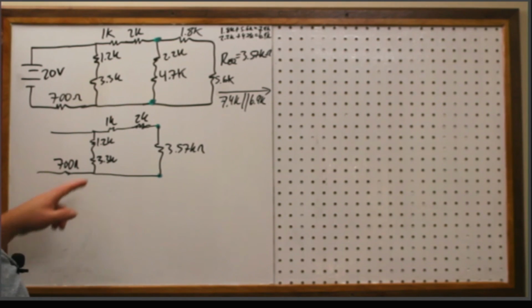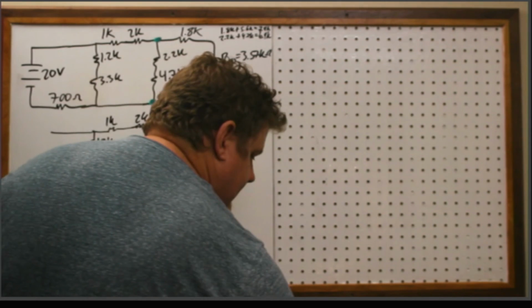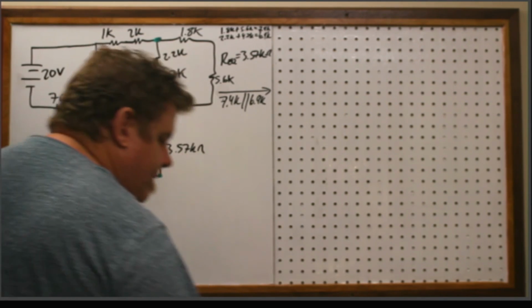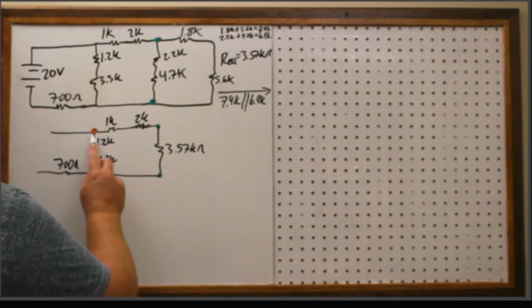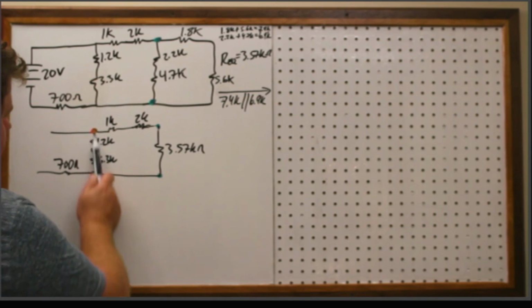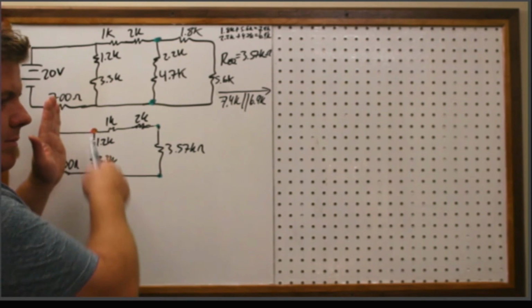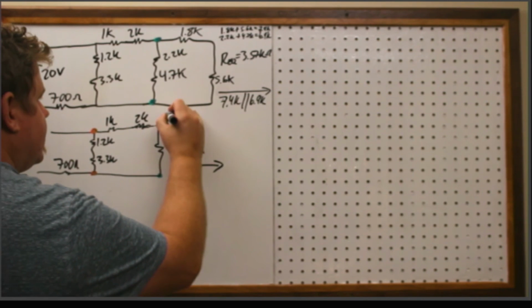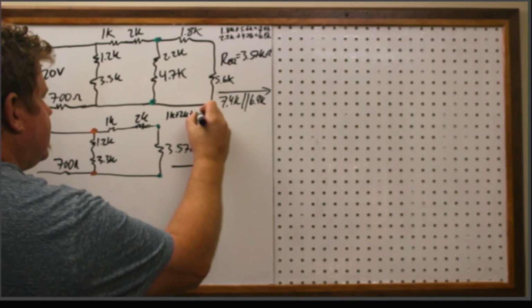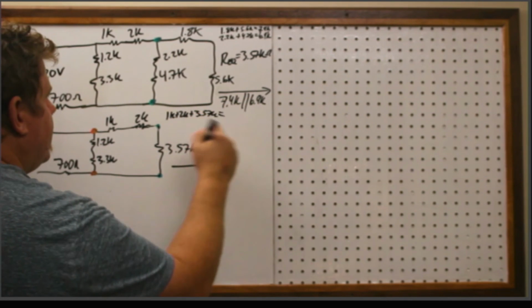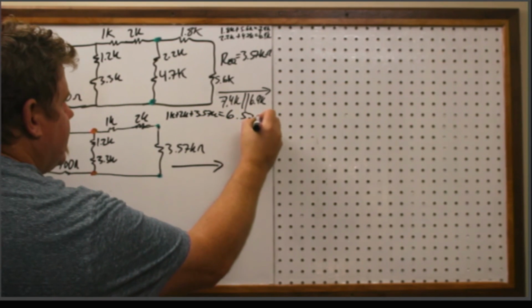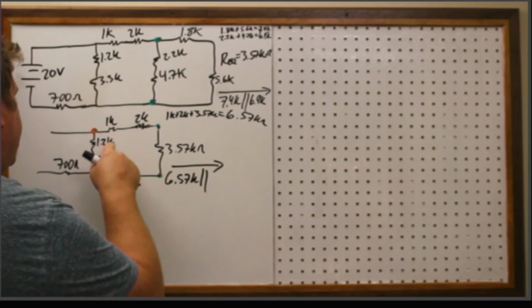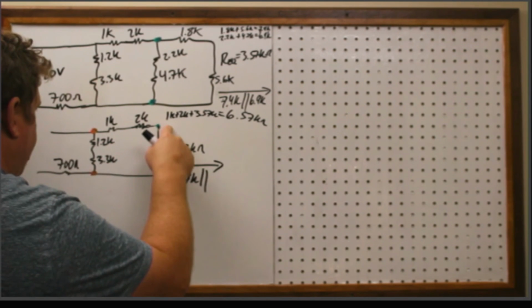All right, so now, if I look at the next set, if I do this in orange, hopefully you can see it somewhat. Kind of looks red now that I've painted it with black a little bit. Okay, I've got this branch over here now in parallel with this one. And so these are the only two that I'm considering right now. So my calculation here is going to be this whole thing, which is 1K plus 2K plus 3.57K, which is what? 6.57 kilo ohms. So 6.57K in parallel with, over here I've got 1.2 plus 3.3.